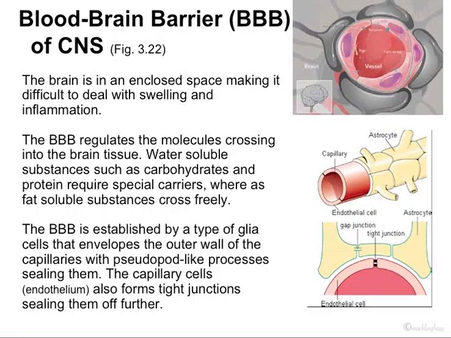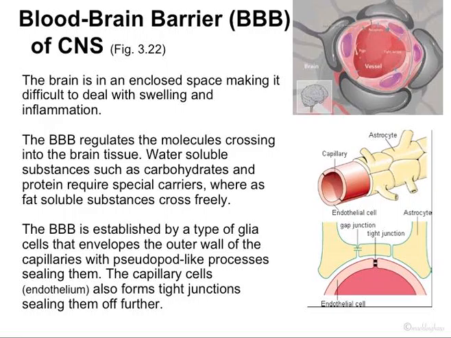The blood-brain barrier is created by a special type of glial cell, and the glial cell you see here on the right is the astrocyte. That glial cell envelops the outer wall of the capillaries that go to the brain. Those astrocytes are clinging to that capillary and enclosing it.